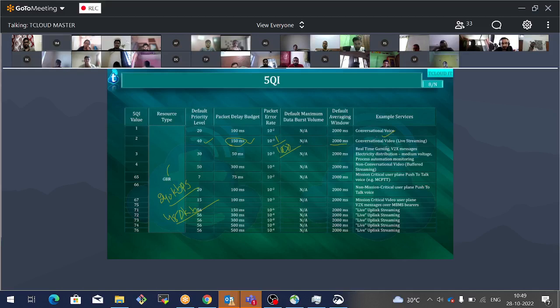When you are having a live video call, along with your video, audio would also be there. For video, a separate QoS flow might be created. For audio, a separate QoS flow would be created. But when video is getting delayed, on the basis of the delay occurring for video, they would try to implement the same amount of delay for audio as well, so that your video audio sync up will work.